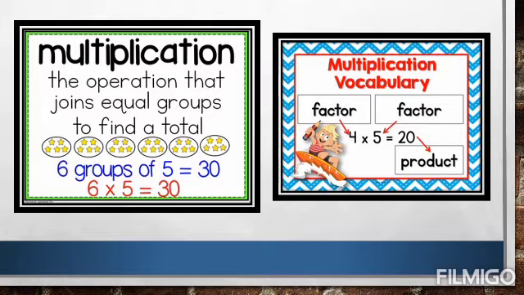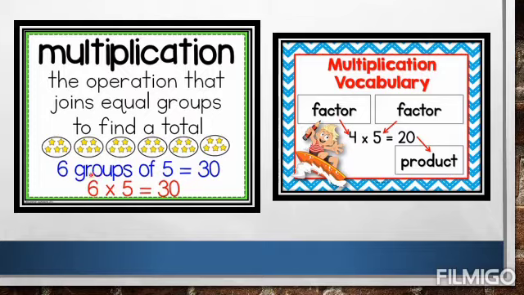Now, class, you see here there are pictures of stars. There are 6 groups of stars. In each group there are 5 stars. If we are going to make this picture into a multiplication sentence, I have now a pointer pointing to the multiplication sentence.